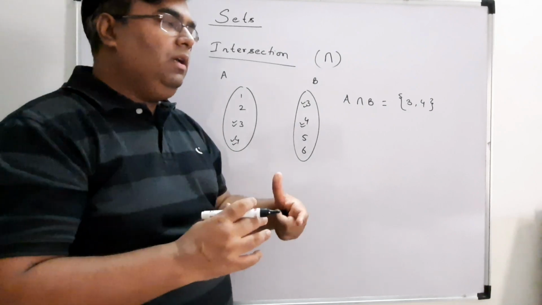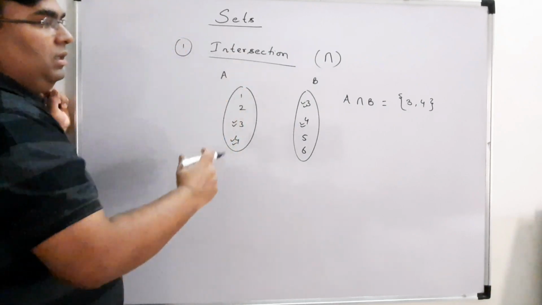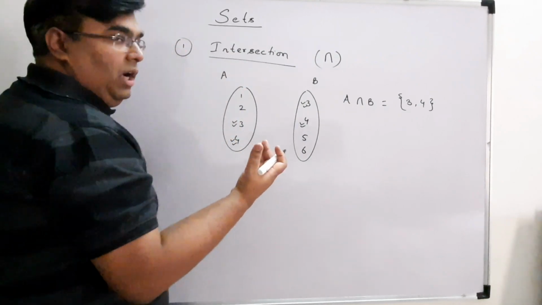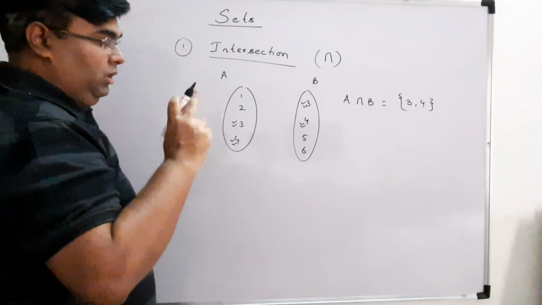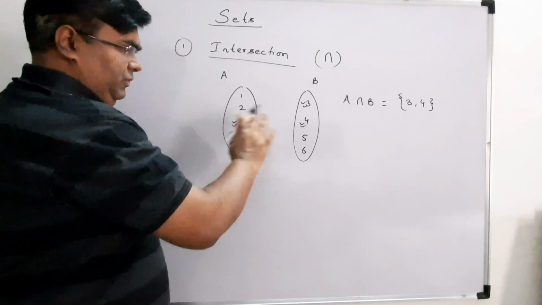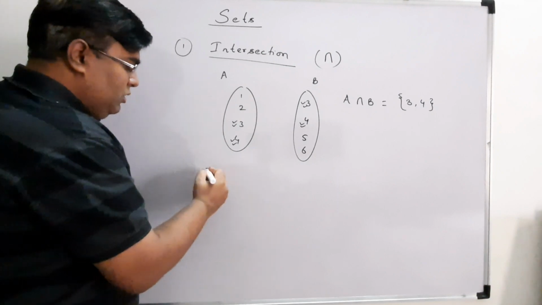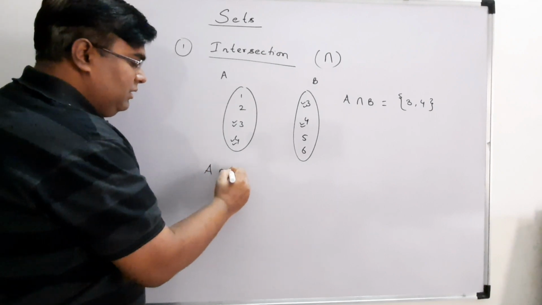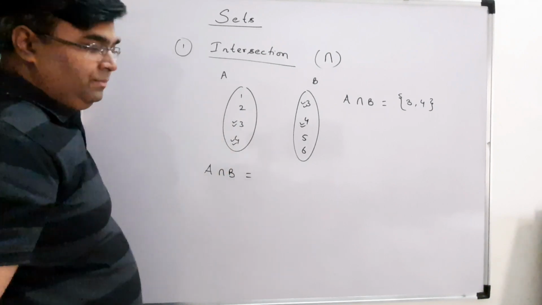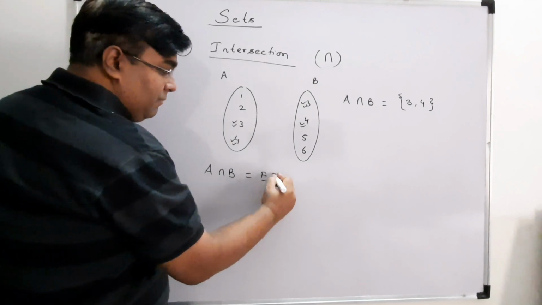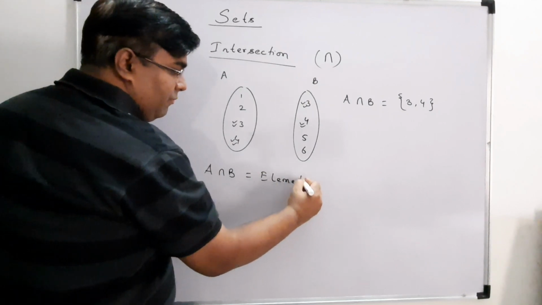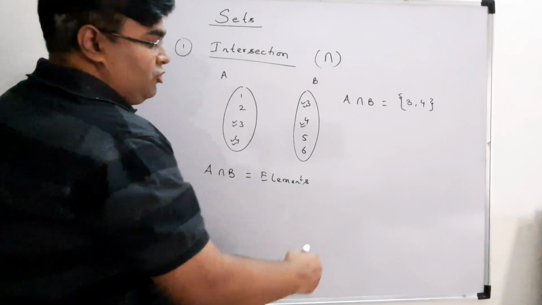So basically what does intersection mean? All the elements which are common to the two sets. Suppose we forget about the elements.